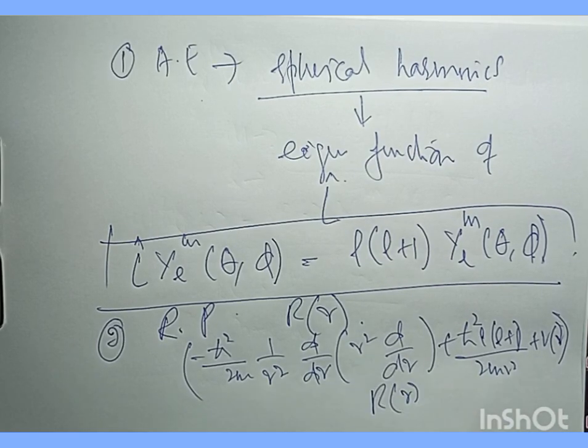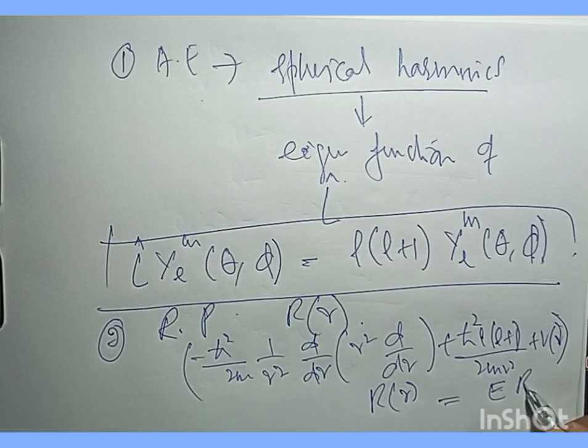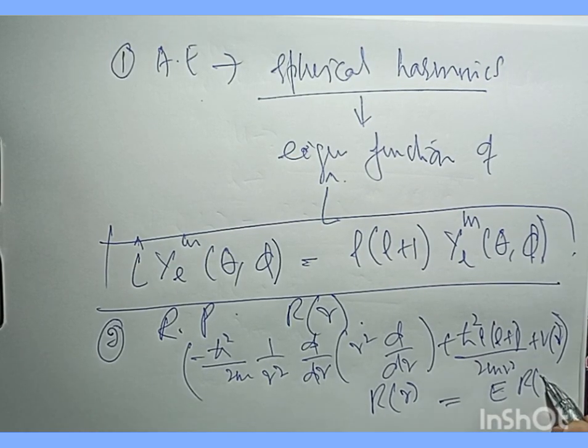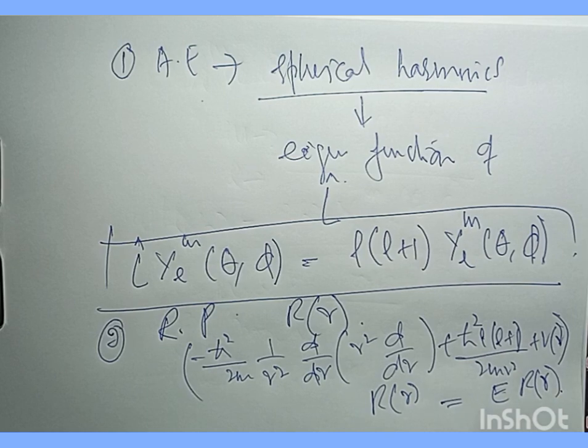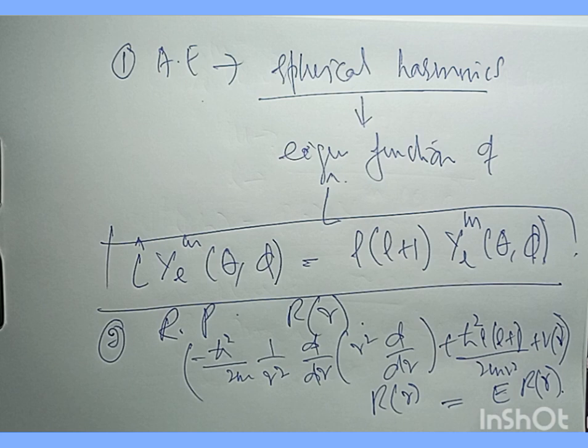This R of r is linked to our wave function, and from here what we have is the energy eigenvalues, E R of r. I don't know whether it's visible. Yeah, it must be. So these are the two important parts that we obtain by using separation of variables in the Schrodinger equation, while we incorporate the Laplacian operator.